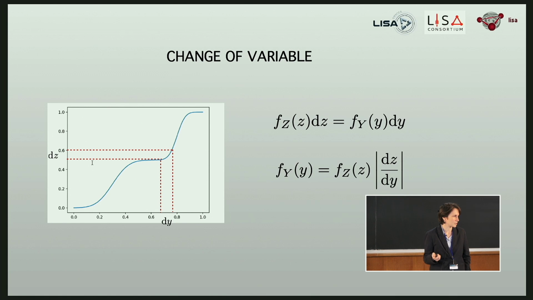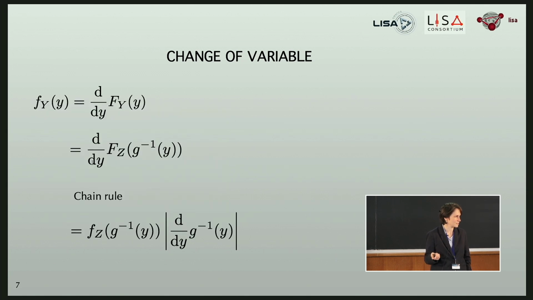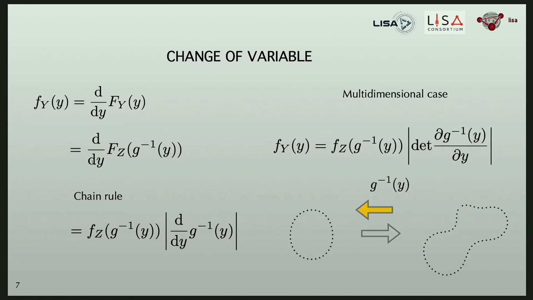For example, in the one-dimensional case, it's very easy to see that you can just preserve the volume of the probability and then transform from one variable to the other. You can get this from the change of variable equation, which you can write from the definition of the probability density function as the derivative of the cumulative distribution function.